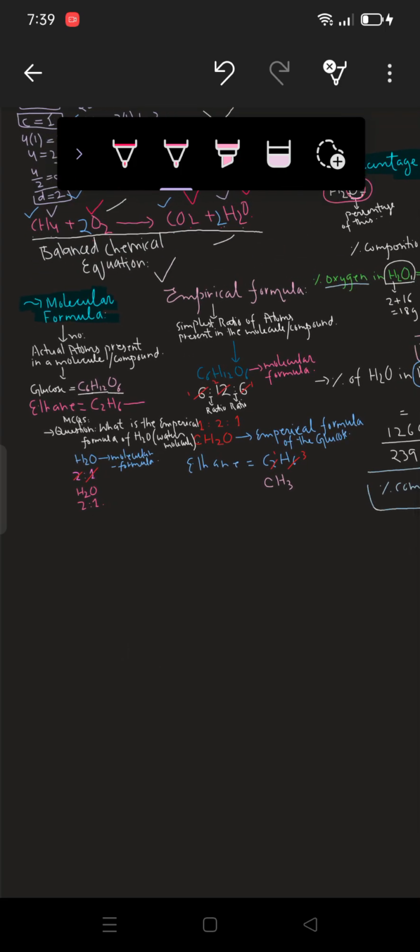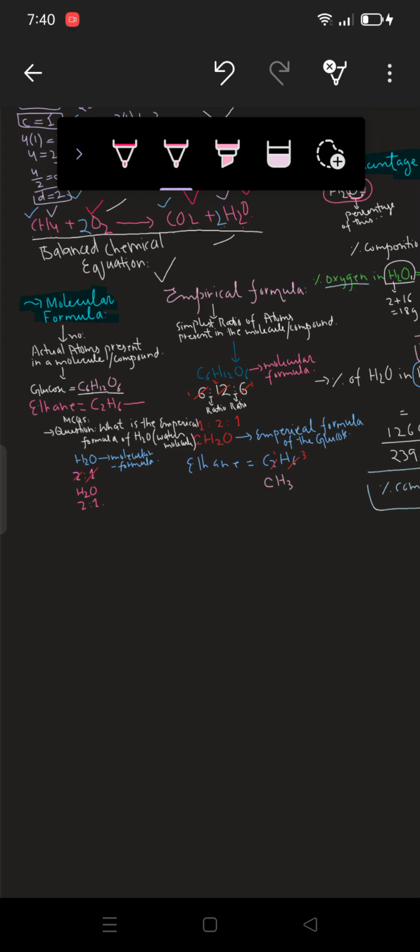Secondly, we discussed the empirical formula. The empirical formula gives us the simplest ratio of the atoms present in the molecule or compound, right? For example, we know that the molecular formula of glucose is C6H12O6. When we took the ratio of it, we got 1:2:1. By that we got to know that the empirical formula of glucose is CH2O, right?